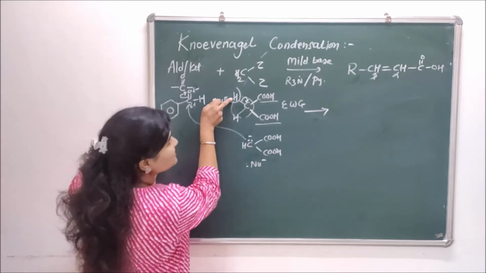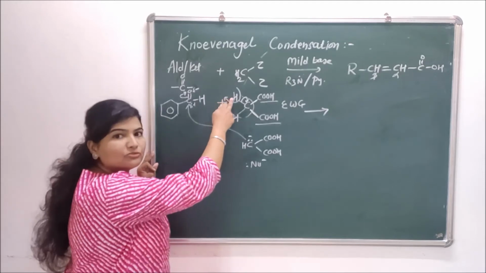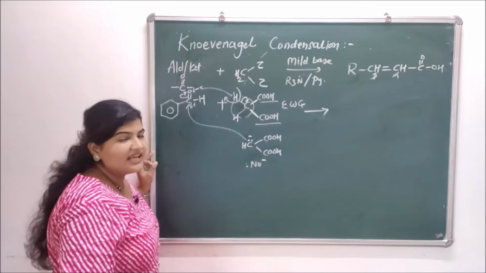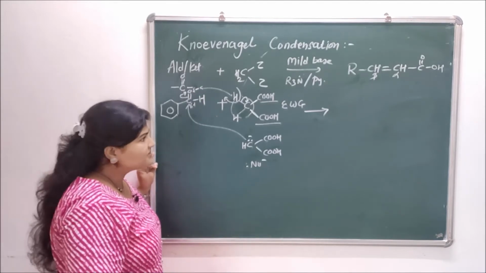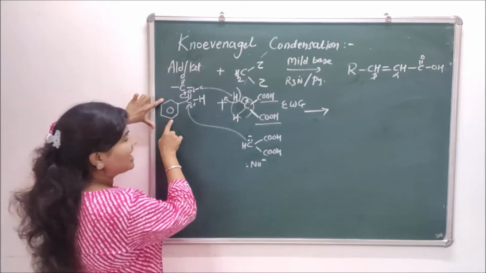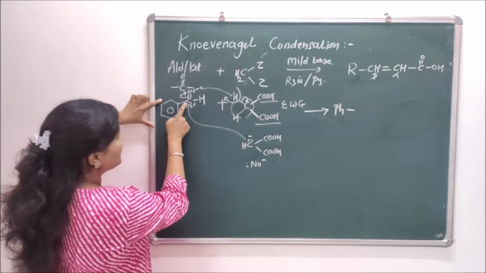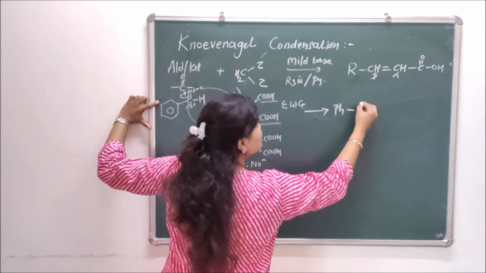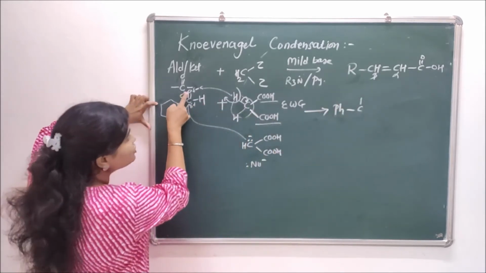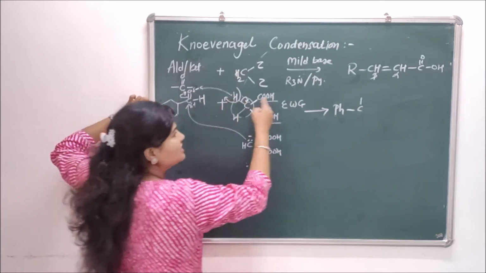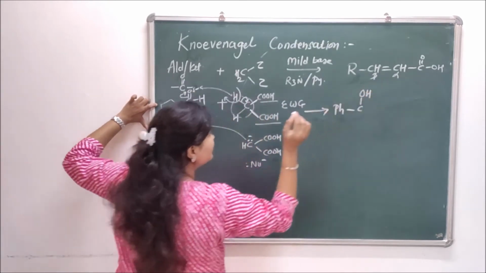Now the proton which you abstracted from the active methylene group will go to that negative oxygen and form a hydroxyl group there. So what you will get, now I will write Ph for this phenyl group. Then I have carbon here, which has given the electrons of the double bond to oxygen, and it has formed a bond with this proton. So you'll have an OH group here.